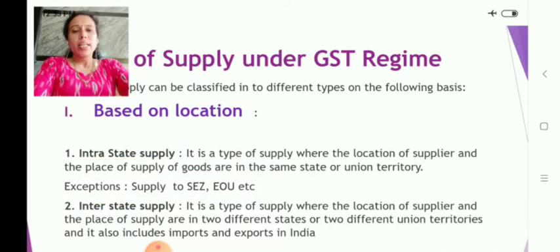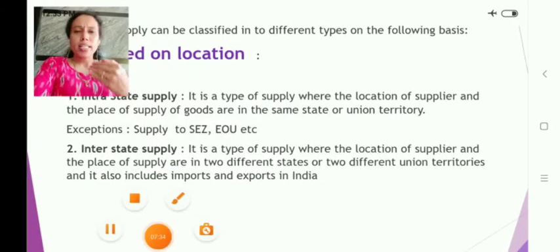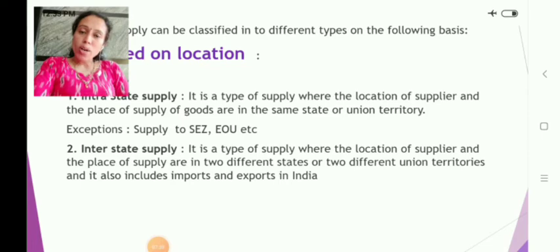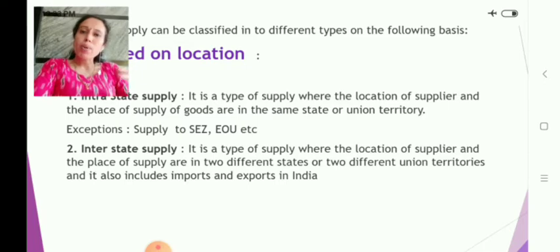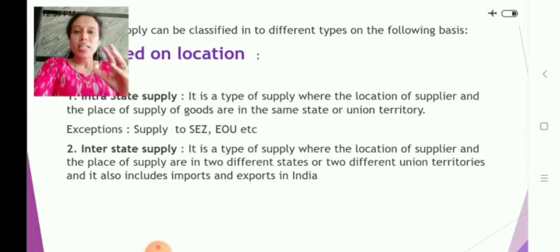Okay, the next one is interstate supply. The name itself says it: the recipient belongs to one state and the supplier is in another state. The places of the recipient and the supplier will be in different states, or in different union territories, or one person will be in one state and the other in a union territory. In such cases it is considered as interstate supply.